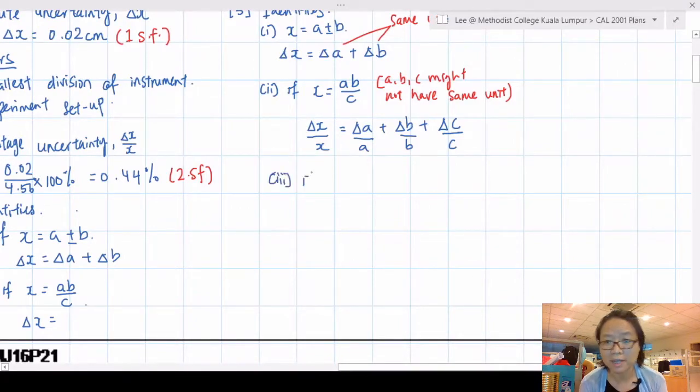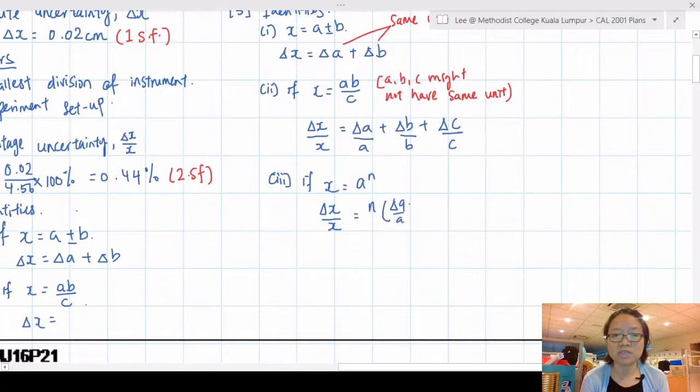So as long as it's not plus minus, we go into percentage. So what happens if, let's say, you have a to the power of n? Then you would just multiply the percentage uncertainty n times. Okay, these three are good enough.